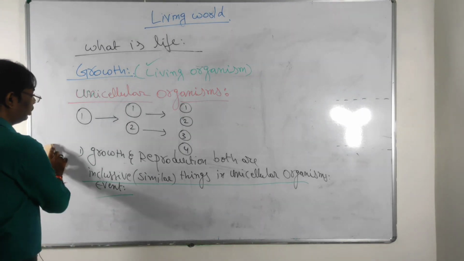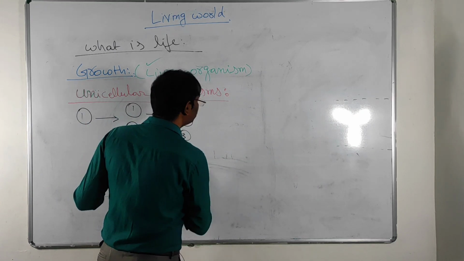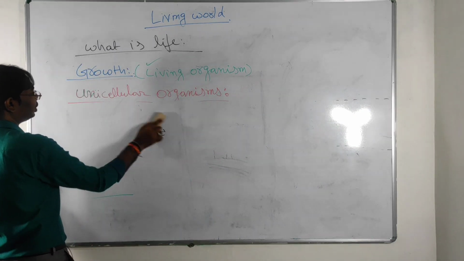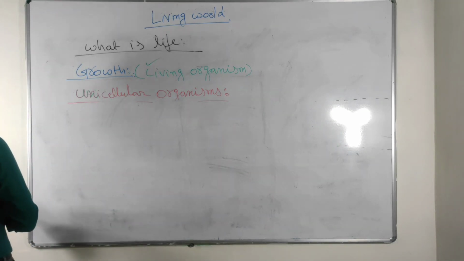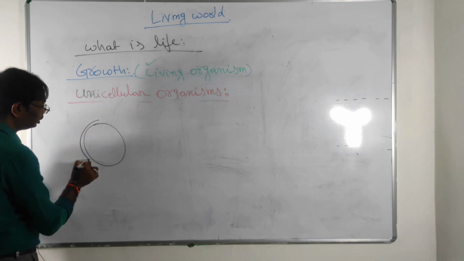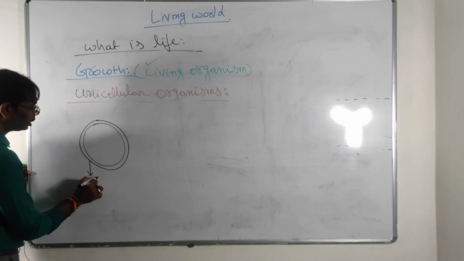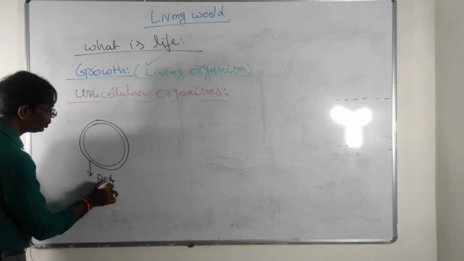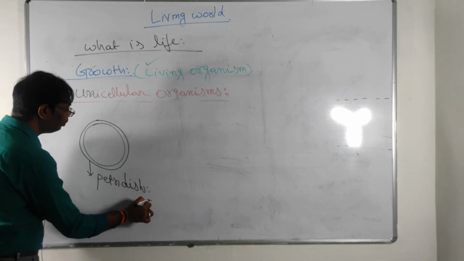Okay, so suppose if you want to observe growth of unicellular organisms, how are you able to observe? So take one small glass plate. So this is some small glass plate. So technically we will say this glass plate is called a Petri dish.